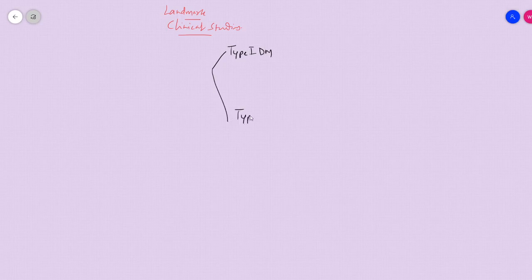So it is useful for us to learn a bit about those landmark studies. There have been landmark studies for type 1 diabetes mellitus, and for type 2.